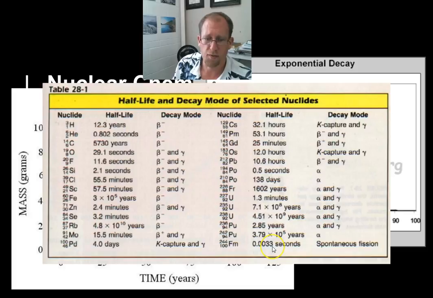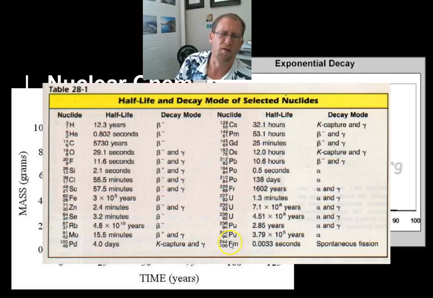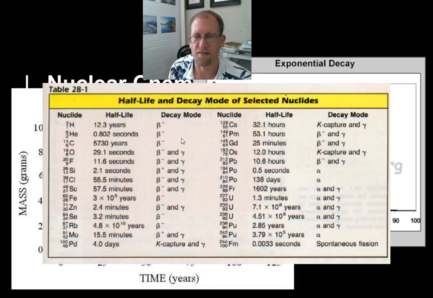Every 33 ten-thousandths of a second, half of some radioactive element turns into something else. So this half-life is very, very small. And so different elements decay at different rates, and we can use those to do various sorts of calculations.